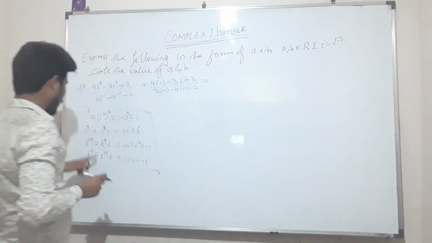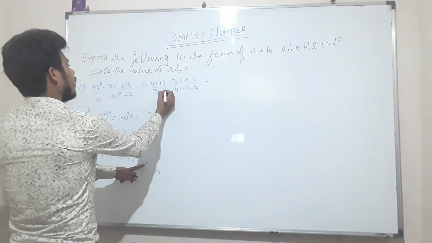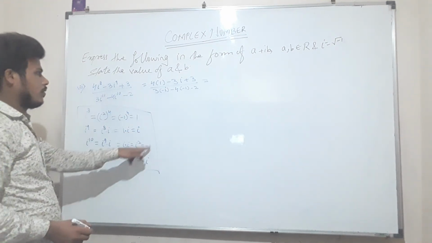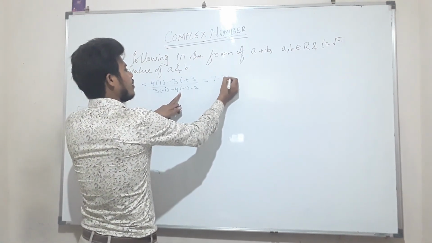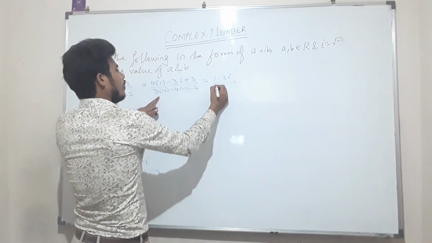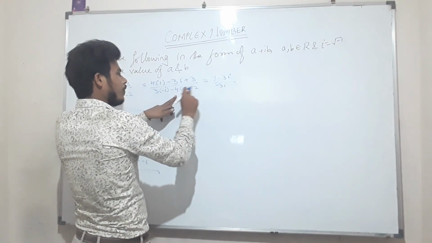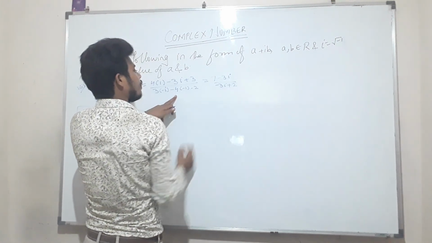So 4 plus 3 is 7 minus 3i upon minus 3i, minus minus plus, so 4 minus 2 is plus 2.